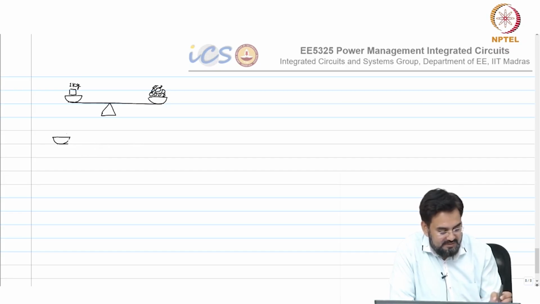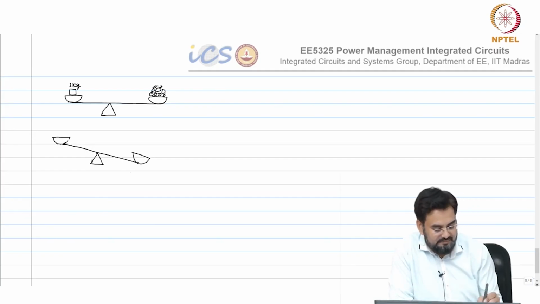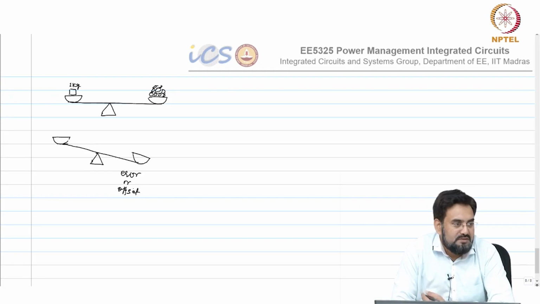His scale is doing this. Which means it had an error of 100 gram. Error or offset.